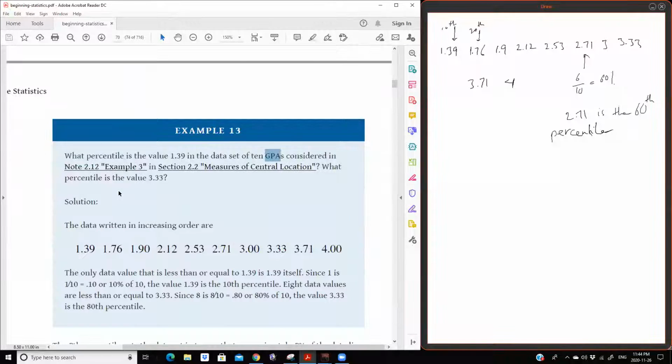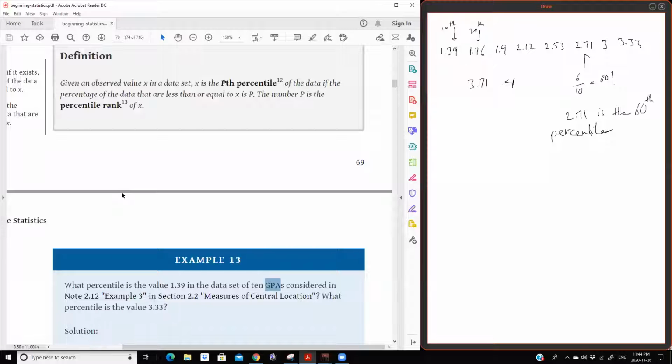So let's take a look at another example. Imagine we have, let's say, ages of 8 students. 18, 19, 19, 20, 21, 22, 22, and 25. 1, 2, 3, 4, 5, 6, 7, 8.